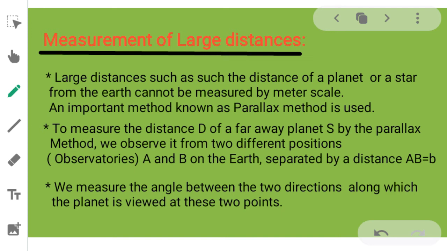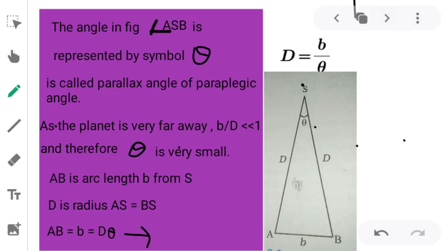We measure the angle between the two directions along which the planet is viewed at these two points. In the figure you can see angle ASB. Theta is the angle taken, and it is known as the parallax angle.